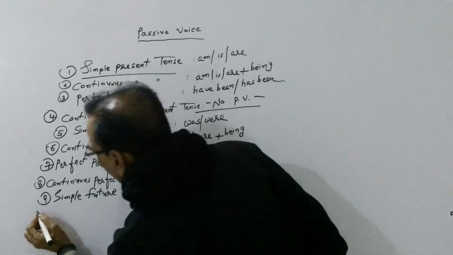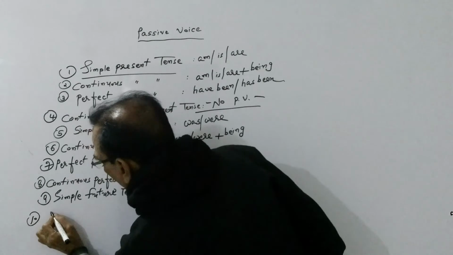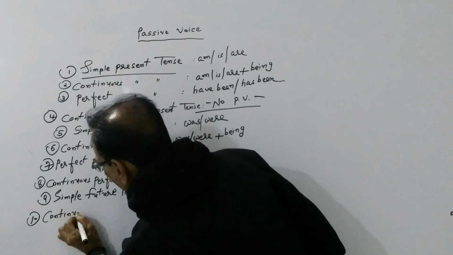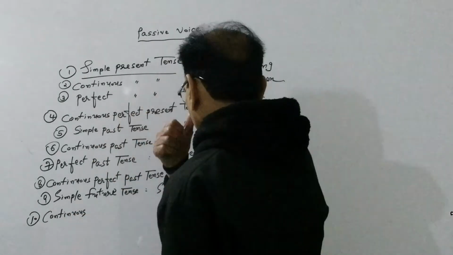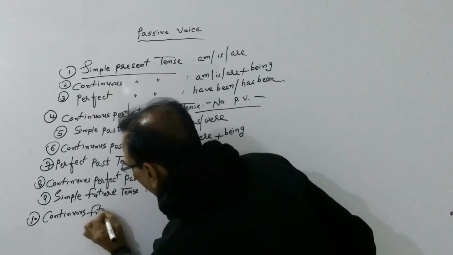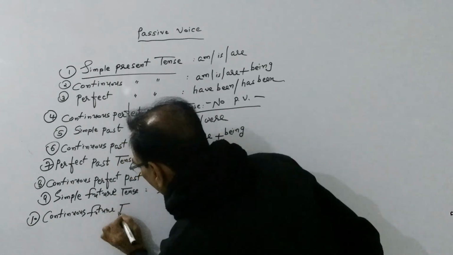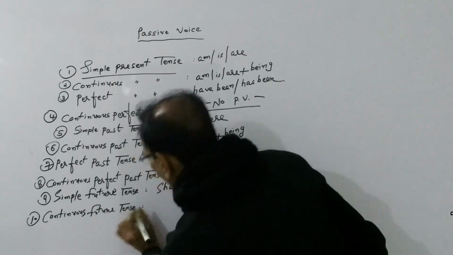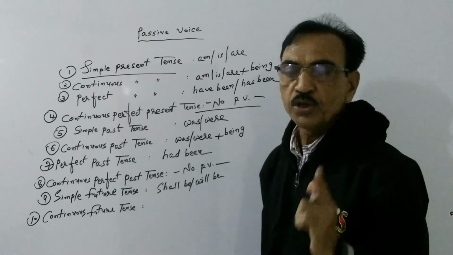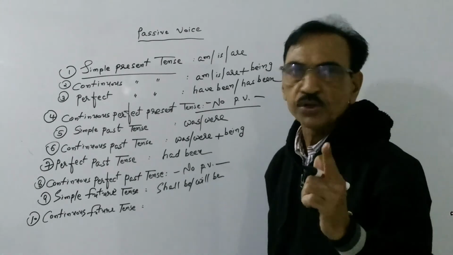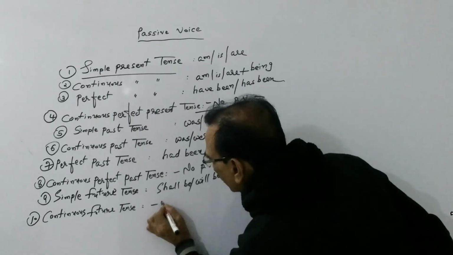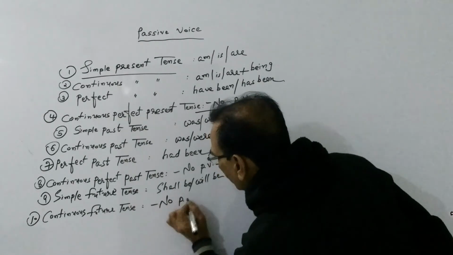Now most important thing, future continuous tense. For this, no passive voice is possible, friend. You just take a note of this. So this is the third tense where passive voice is not possible. No passive voice.